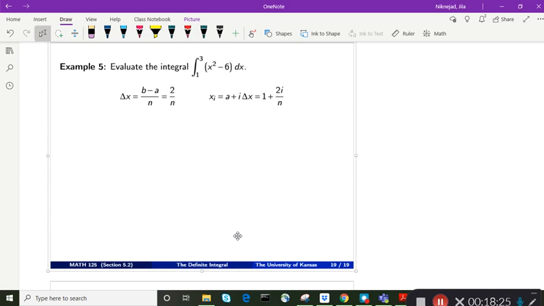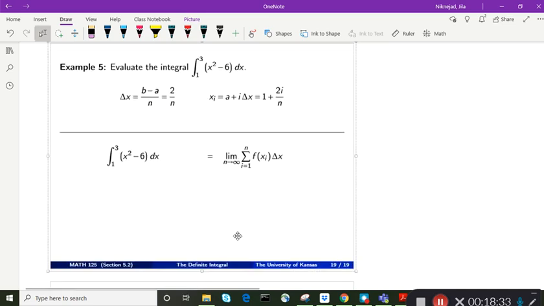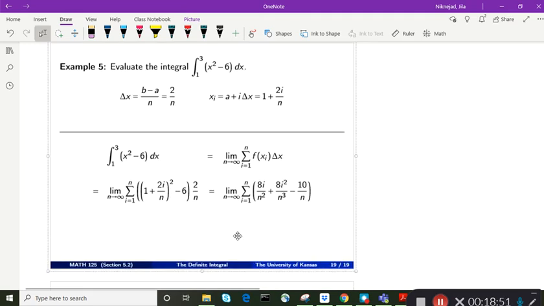Xi is going to be a plus i delta x, which is going to be the lower limit, 1, plus 2i over n. And then when you replace, instead of xi to power 2, you get 1 plus 2i over n to power 2, minus 6, times 2 over n. And that's the limit sum that you get.